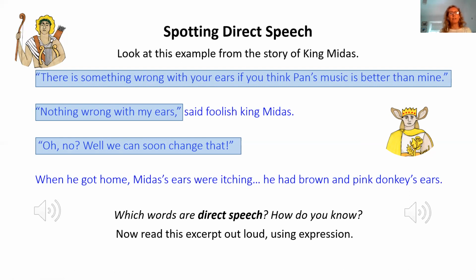If you'd like, you can now stop the video and you can read those using expression. Make sure you read them out aloud. Well done, Year 3, if you managed to read those sentences using expression.